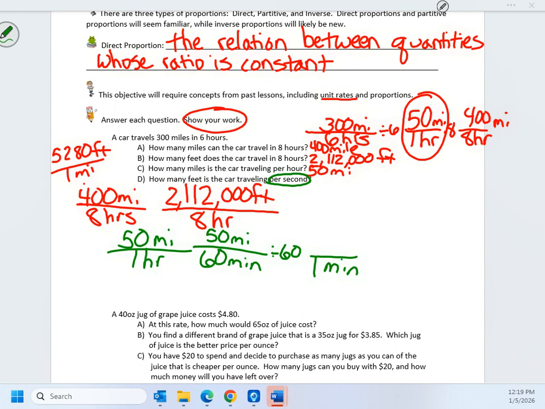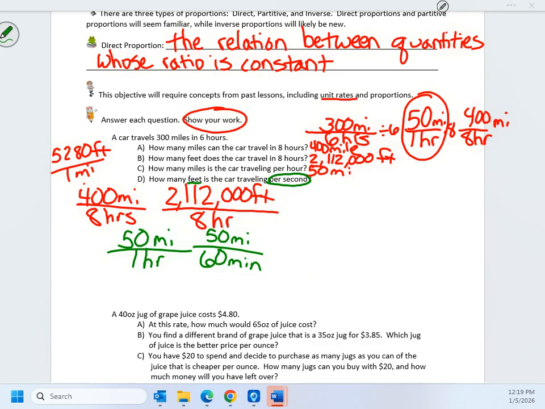Did I do that right? Oh, we want feet. Ugh, that's where I'm getting confused. So we converted to minutes on the bottom, we need to convert to feet on the top. So 50 miles is how many feet? So we want to get to feet and then to seconds.